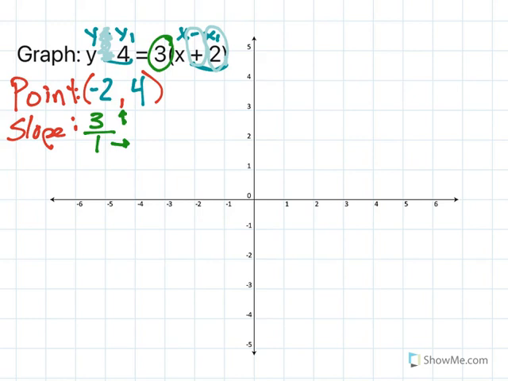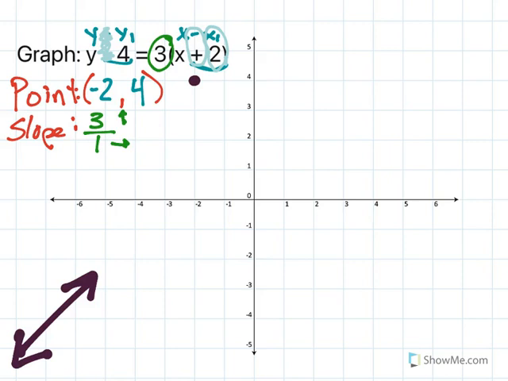So I have the point negative 2, 4, which is right here. And then look at your slope. Your slope is up 3 over 1. Oh, goodness. I did not do this one very well, did I? Up 3 over 1 is off my screen. So this is a positive slope, so we know the line is going to be in this direction. Instead of going up and right, I can go down and left.